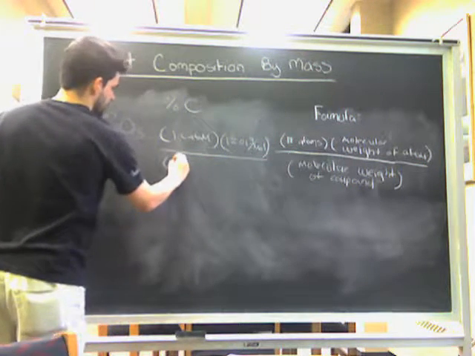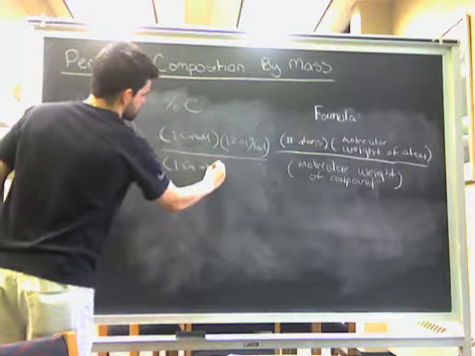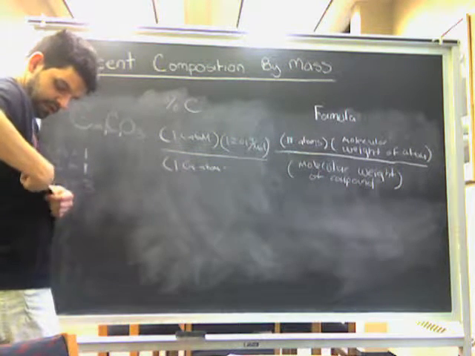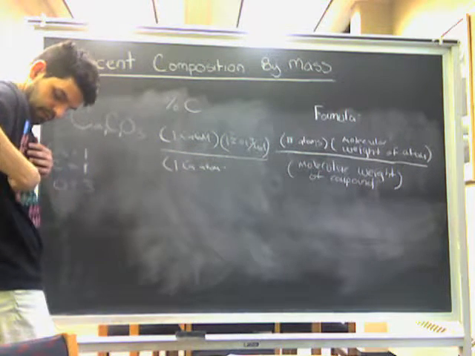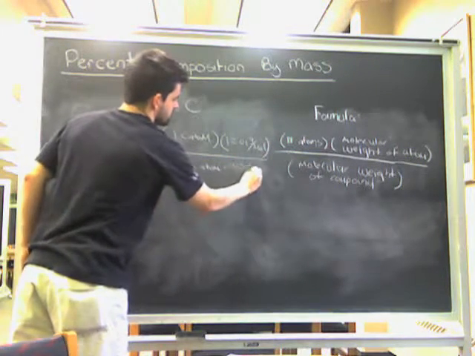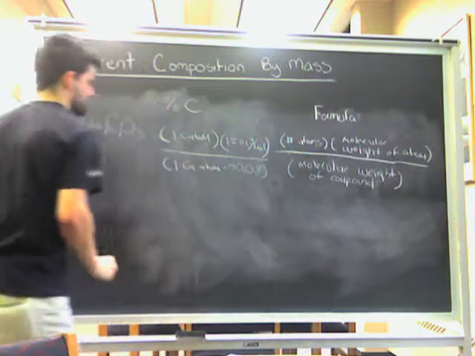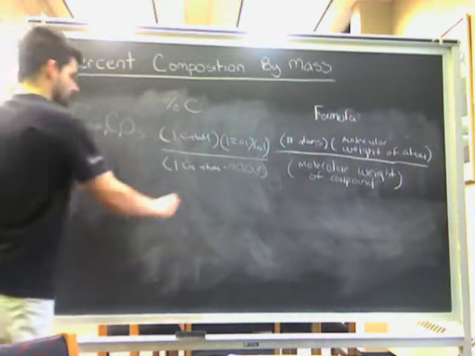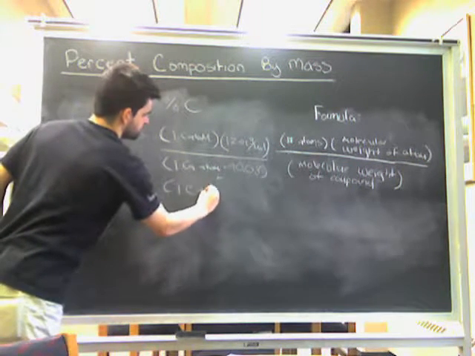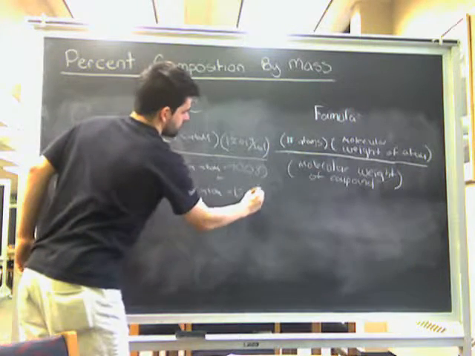So you're going to have 1 calcium atom times its molar mass, which is, I wore my handy dandy shirt today, 40.08. I did wear that shirt just for the purpose if I did forget molar masses of elements. We have plus 1 C atom times 12.01.